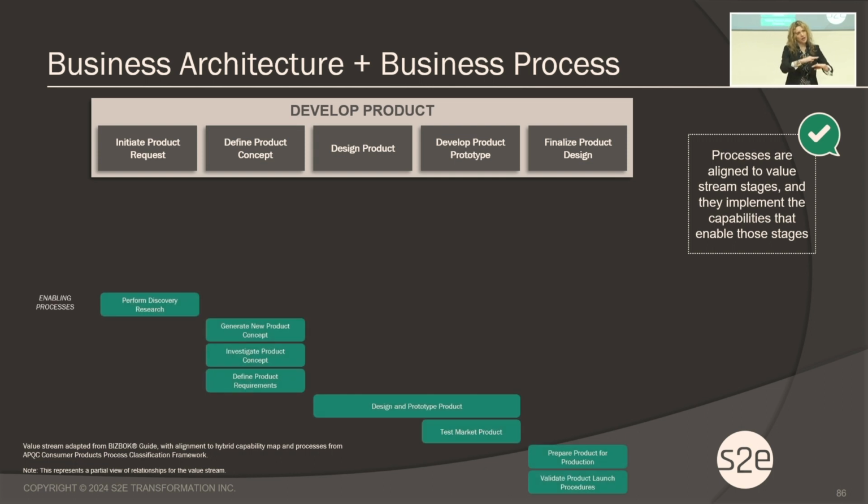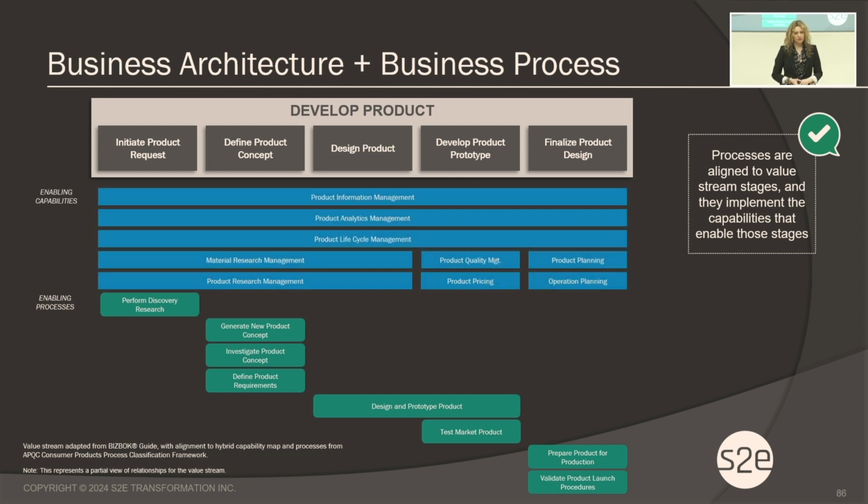Again, we can align processes to those stages, and those processes that you see there are helping to enable these value stream stages. And importantly, processes aligned to stages implement the capabilities that enable those stages. So I'll just let that sink in for a little bit, but we do have the alignment from capability to value stream and process to value stream, but processes are essentially implementing the capabilities in each of those stages.